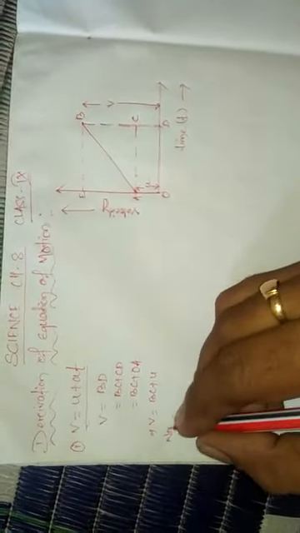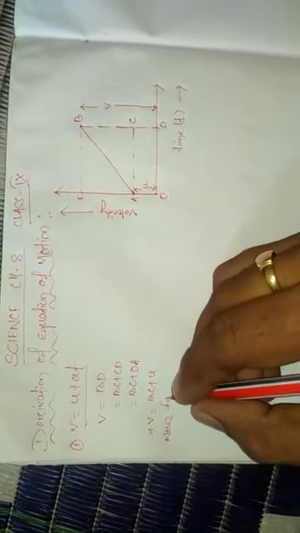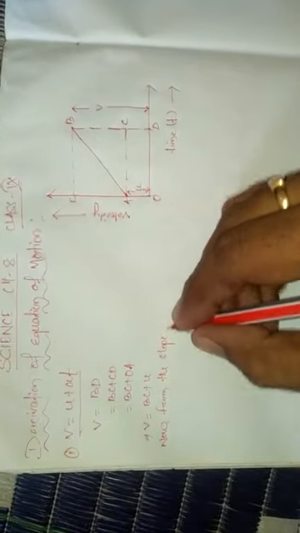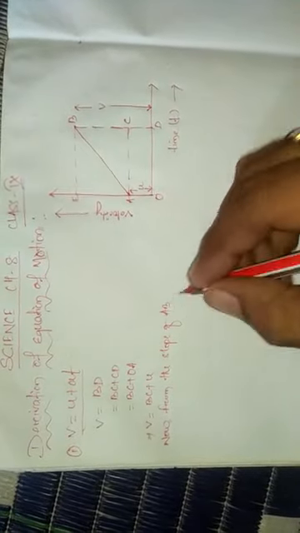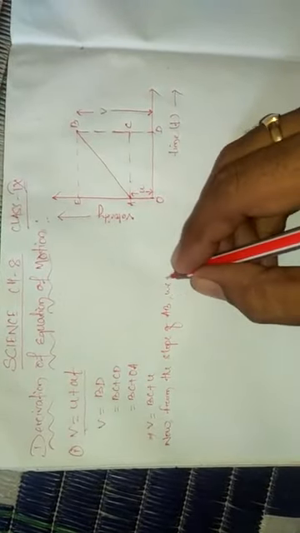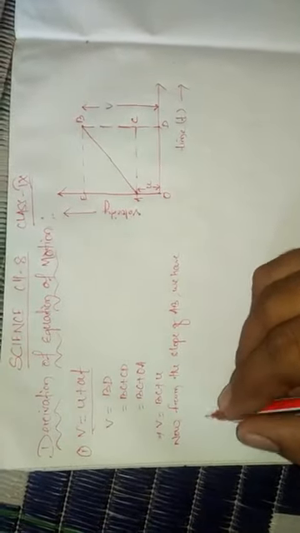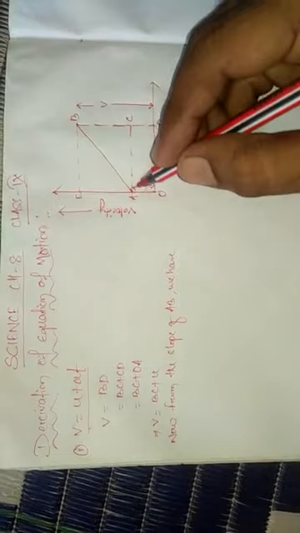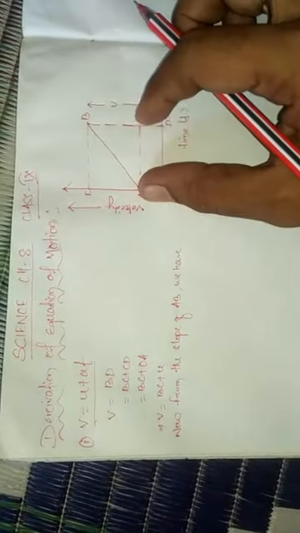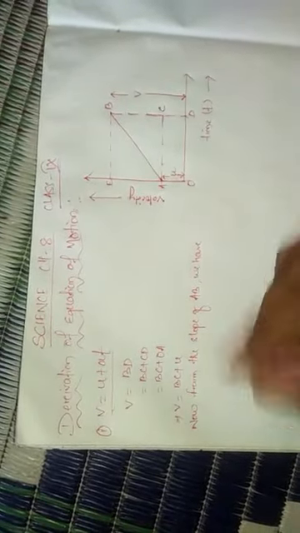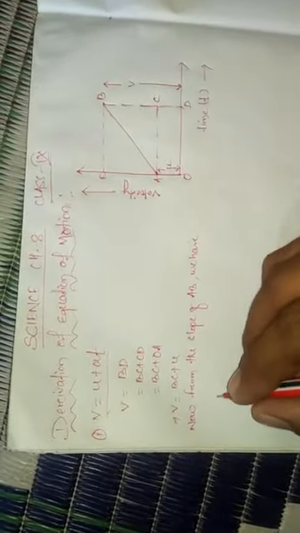Now from the slope of AB, we have slope equals BC by AC.